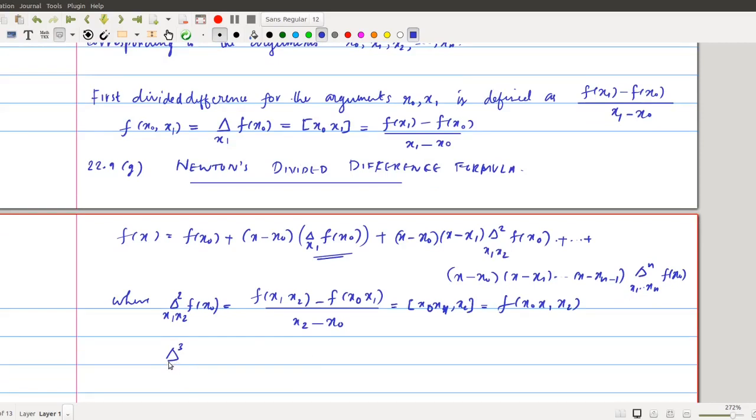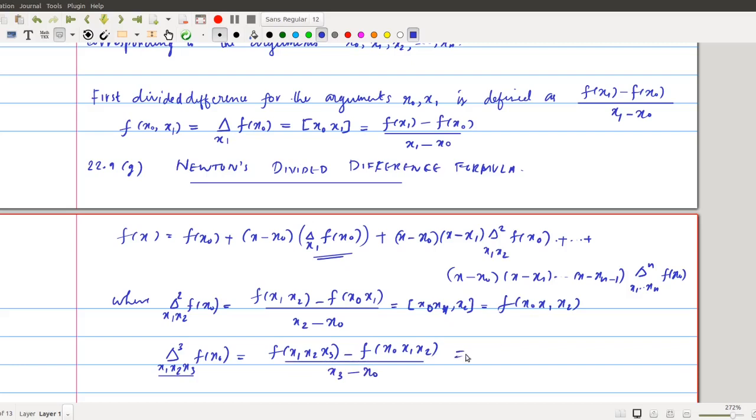Similarly, you can define the third order delta cube x1 x2 x3 of f of x naught. By definition this is equal to f of x1 x2 x3 minus f of x naught x1 x2. To write the first term we use this one, and for the second term we start with this x naught x1 x2, divided by x3 minus x naught.